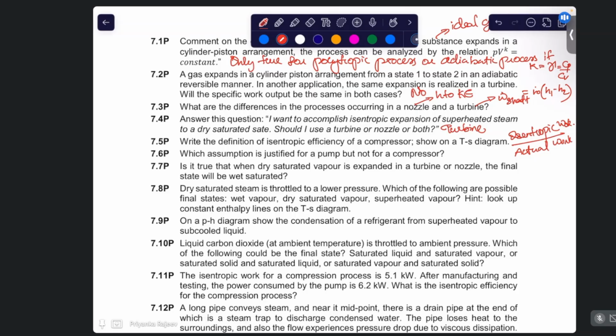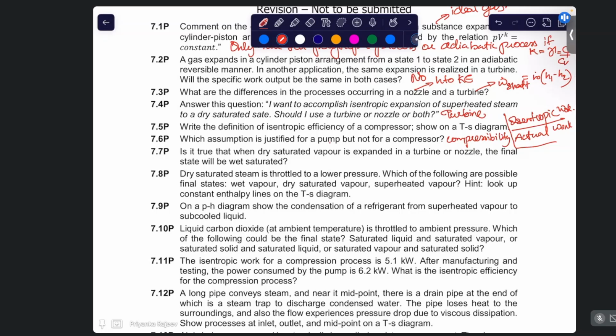So it's about compressibility. For a pump, delta V equals 0. For a compressor, delta V is not equal to 0.